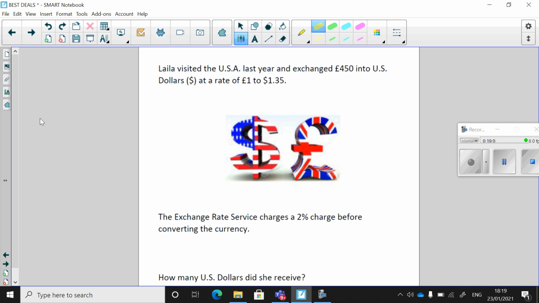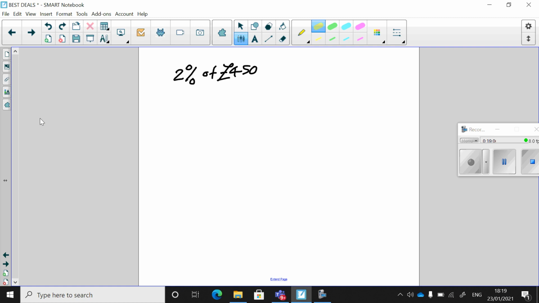So 2% of the 450. Right, so what's that? You can work that out in your head. Some people do 1%, some people do 2 divided by 100, or 2 over 100 times 450. If you've dealt with percentages before, hopefully you're fine with that. Let's go through it. You get £9, that's fine. That's this exchange rate service charge, that's the £9.